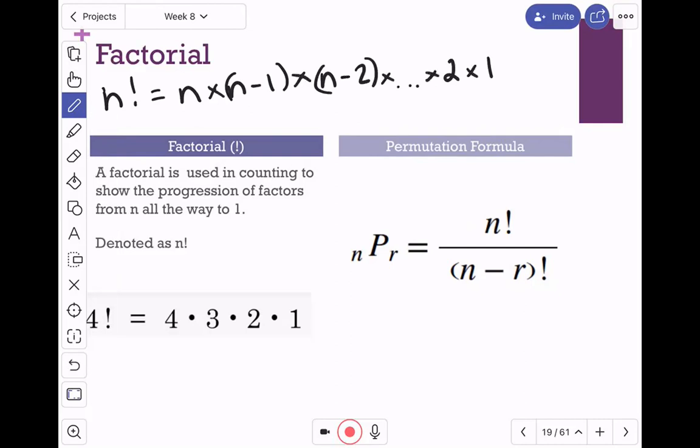So 4 factorial, for instance, is 4 times 3 times 2 times 1. 7 factorial is 7 times 6 times 5 times 4 times 3 times 2 times 1.